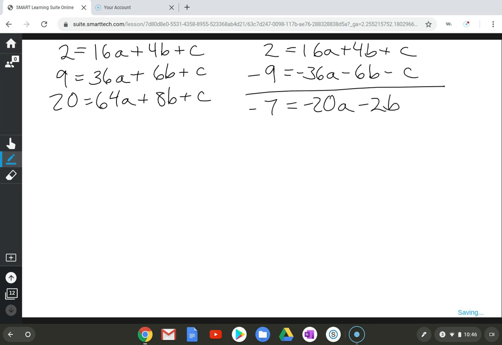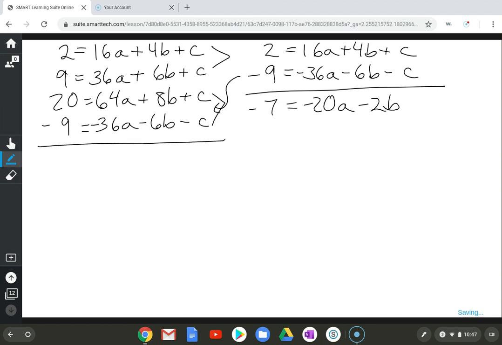So now that's my first set. I eliminated the c's using these first two equations. Now I'm going to do the same thing using the middle and the bottom. So if I rewrite this negative 1 middle down here, negative 9 equals negative 36a minus 6b minus c, and I add my middle and my bottom together, I get 11.